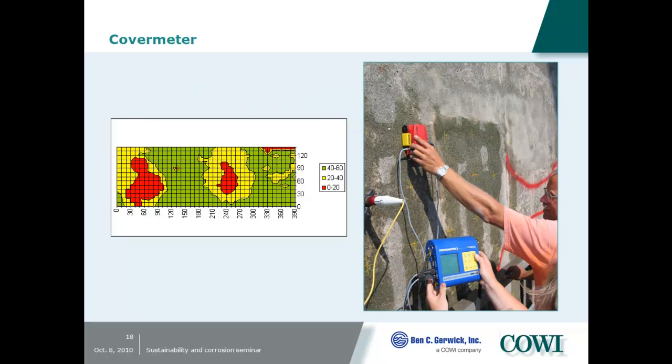It could look like this one, a perfometer. With this one, you scroll down your concrete surface and you get a map of your cover. This is actually an example from a balcony I took, but you can clearly see here you have between 0 and 20 millimeters, and out here it's more according to what it should be.